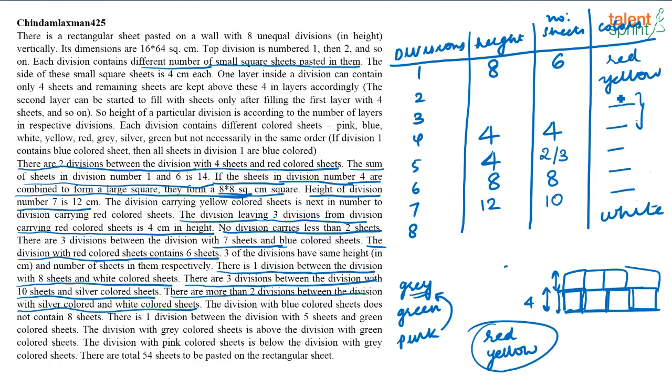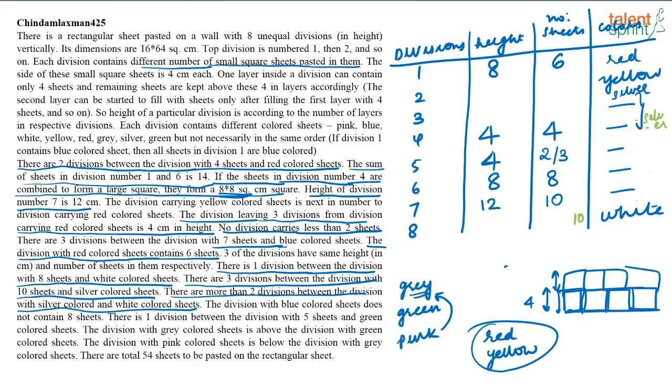Or the other possibility is, if this is 10, 1, 2, 3, this can be silver. So again we have 2 cases here, and we have to find out which is the correct case. But here this satisfies, right? Height is 12, number of sheets is 10. Yes, that seems to match here.